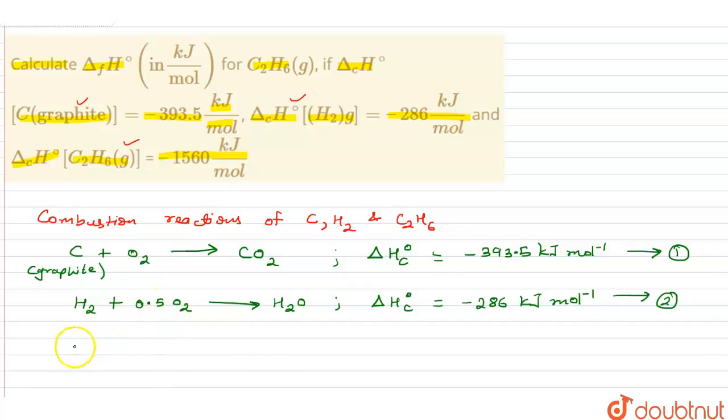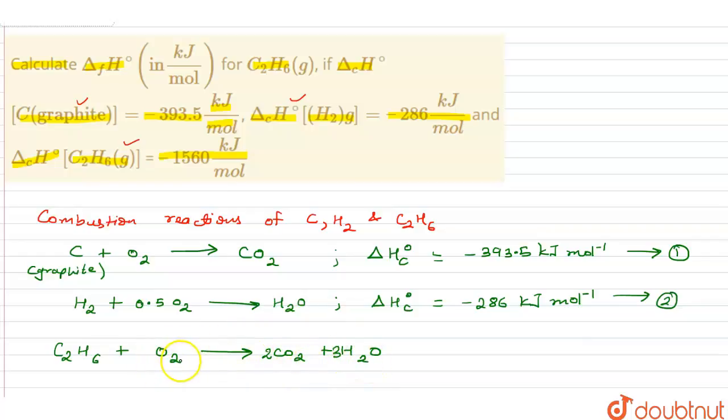And the last one is C2H6. With oxygen, it's going to give me carbon dioxide and water. On balancing, we get 2 CO2 over here and 3 H2O on this side, isn't it? And the number of oxygen would be 2 twos are 4 plus 3, 7.